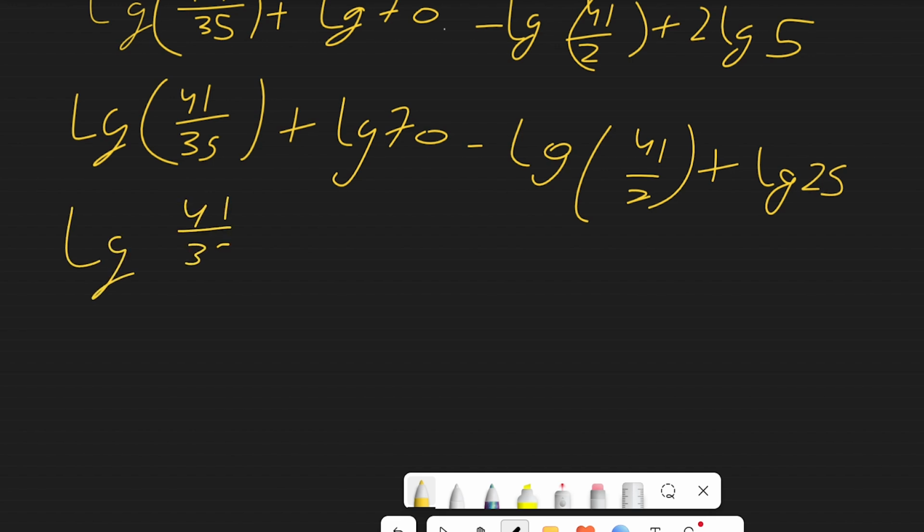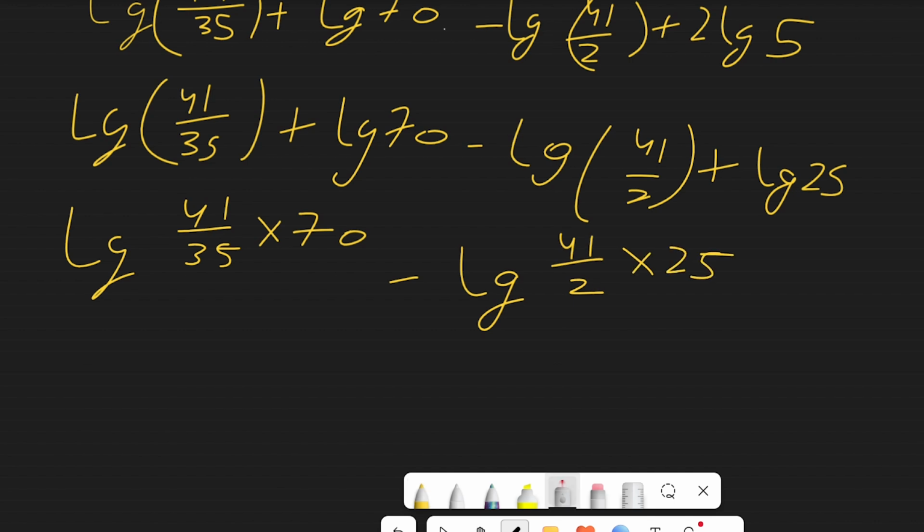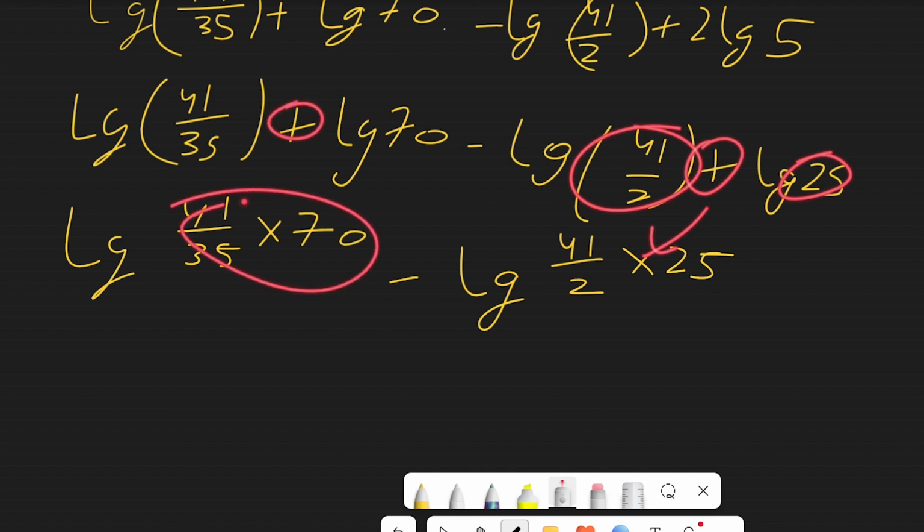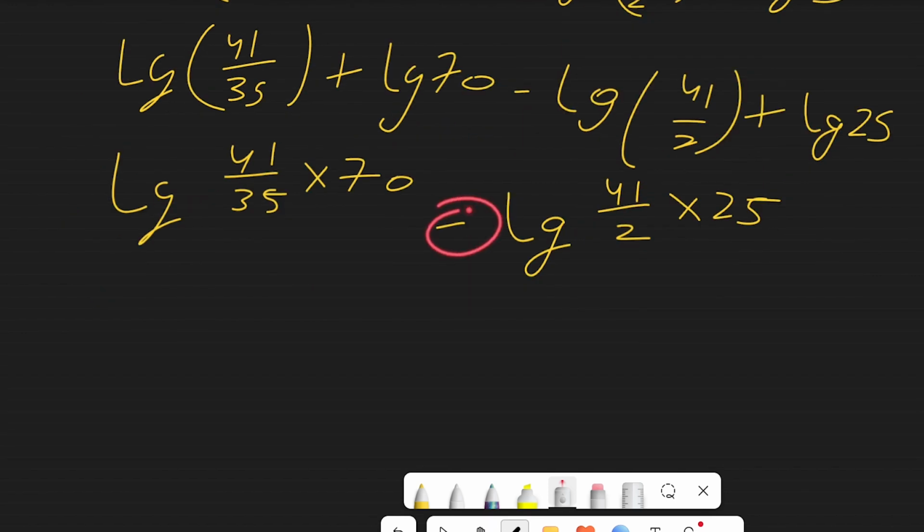41 over 35 times 70 minus lg 41 over 2 times 25, because there's a plus over here, so that would be times these two, and over here that would be times this two. Okay, and the minus in between. So what will happen is that 41 over 35, I can just do it in my rough working, this would be 2 and this would be 1.